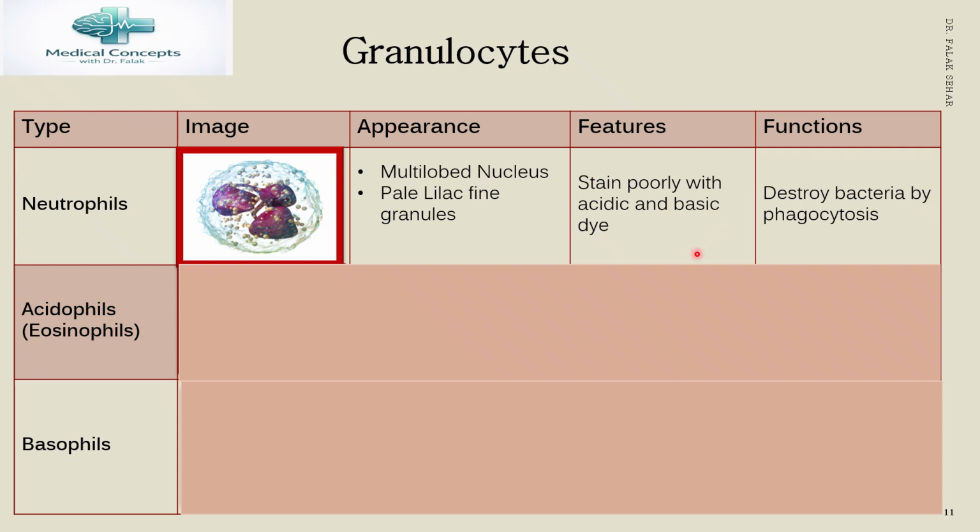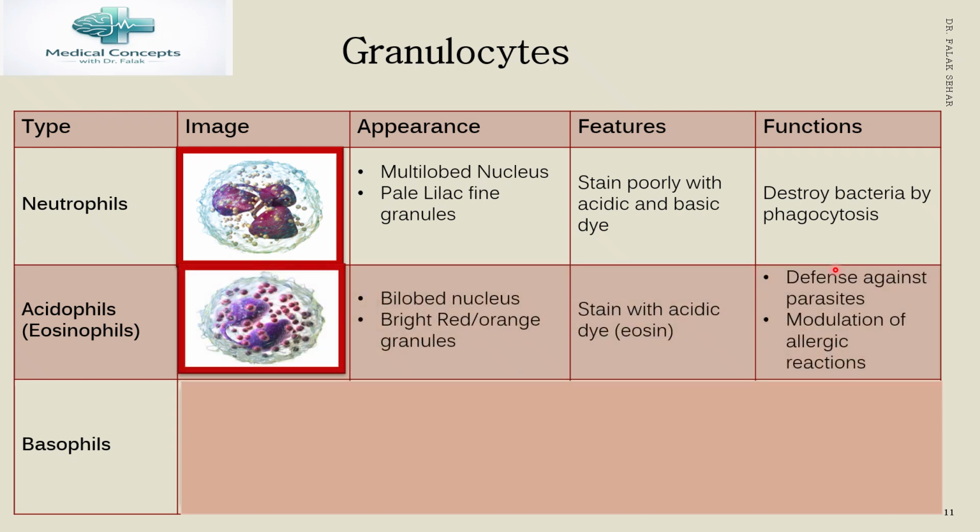Features: they stain poorly with acidic and basic dye, so that's why they are known as neutrophils, meaning neutral cells. Phil word is for loving and the first word is for the stain that they pick. What is the main function? They are responsible for the destruction of the bacteria by the process of phagocytosis. Then comes eosinophil. Look at this image of the eosinophil, right?